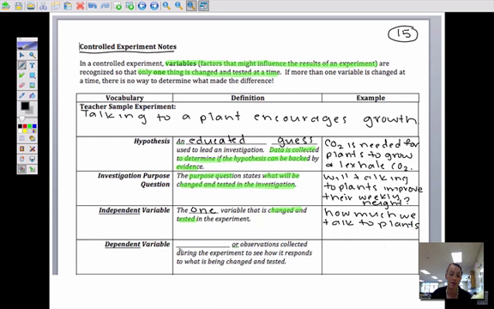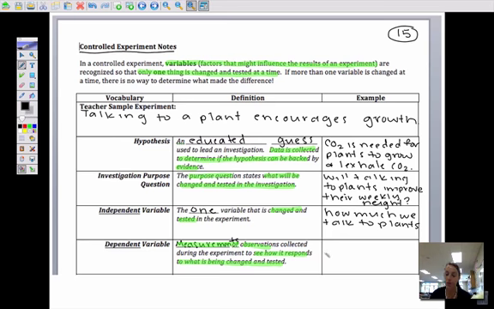Now our dependent variable are our measurements or observations collected during the experiment to see how that variable responds to what is being changed and tested. So the dependent variable depends on the independent variable. And the independent variable does not depend on anything, which is why it's independent.